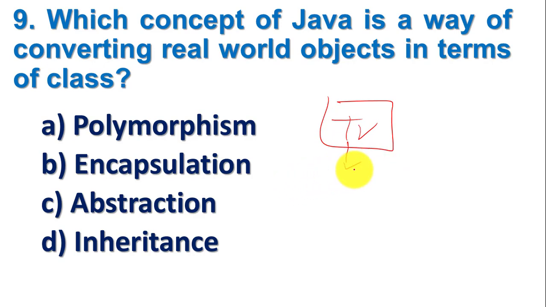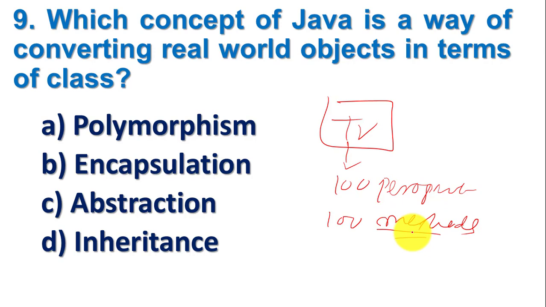For example, it has a voltage, it has current, it has number of components, it has size, weight, size of screen, sound level, lot many properties are there. So in actual life, let's say there are 100 properties or attributes with television, and let's say there are 100 methods also. Lot many methods, functionalities are there which are inside a television.